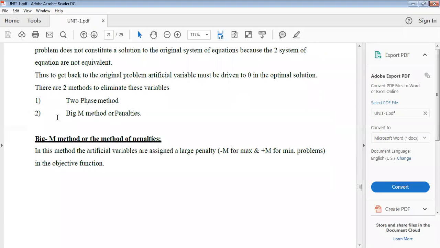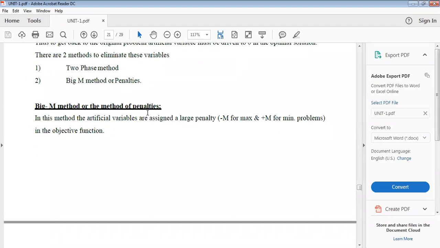Now this is the big M method, or the method of penalties, as we can call it. Generally in the examination, you will be given a minimization problem. You will be asked to solve the linear programming problem by the big M method. Or sometimes, to confuse you, he will ask you to solve the given problem by the method of penalties, or simply the penalty method.